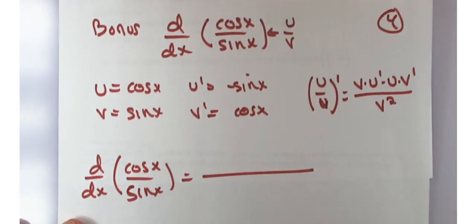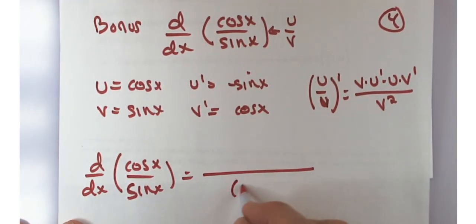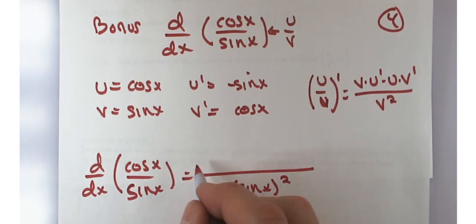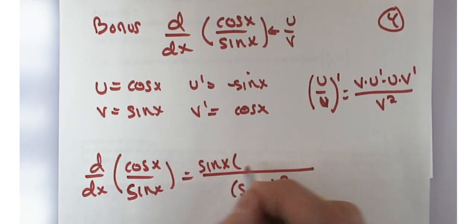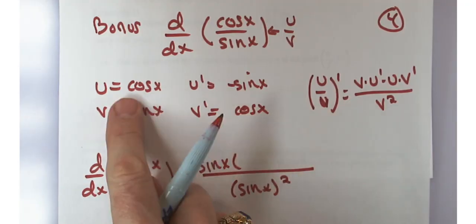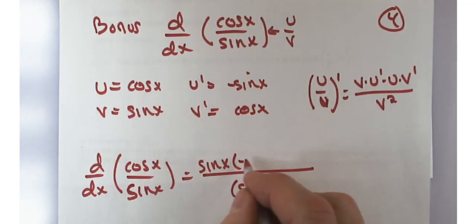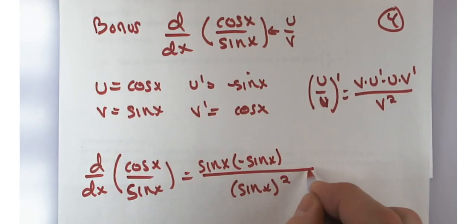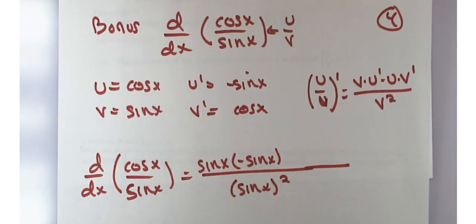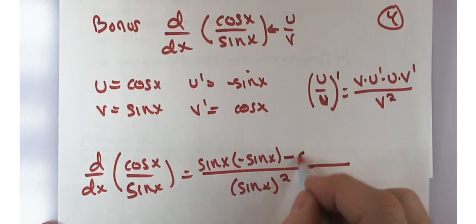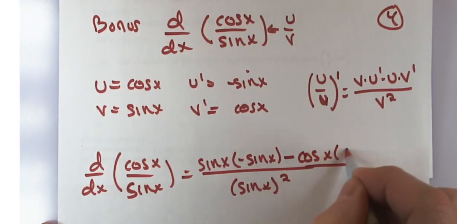I'm going to start by squaring the denominator. Sine of x squared. And then it's going to be sine of x times minus sine of x minus cosine of x times cosine of x.